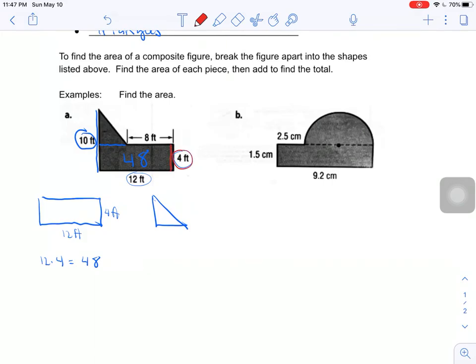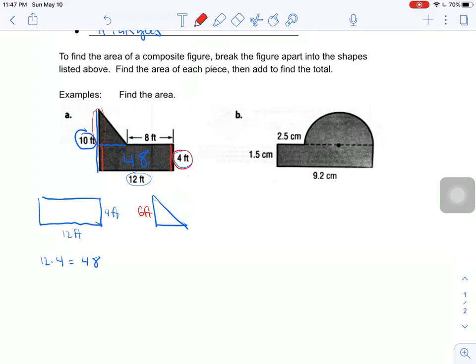And I know that this is 4 feet. But if that's 4 feet, I could carry that over to the other side. So that's also 4 feet. But what I actually need is this piece up here. So I have to do a little bit of quick math and say, okay, if the bottom of it is 4 feet, the red part, and the whole thing is 10 feet, then the top must be 6, because 4 plus 6 makes the total of 10, or 10 minus 4 is 6.